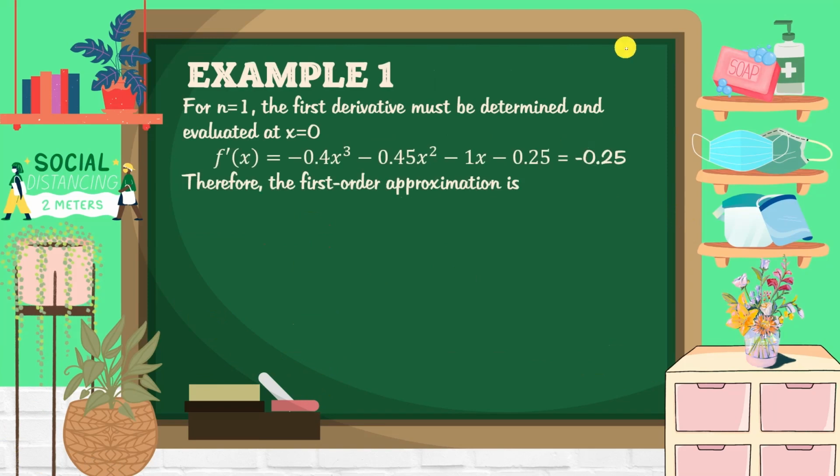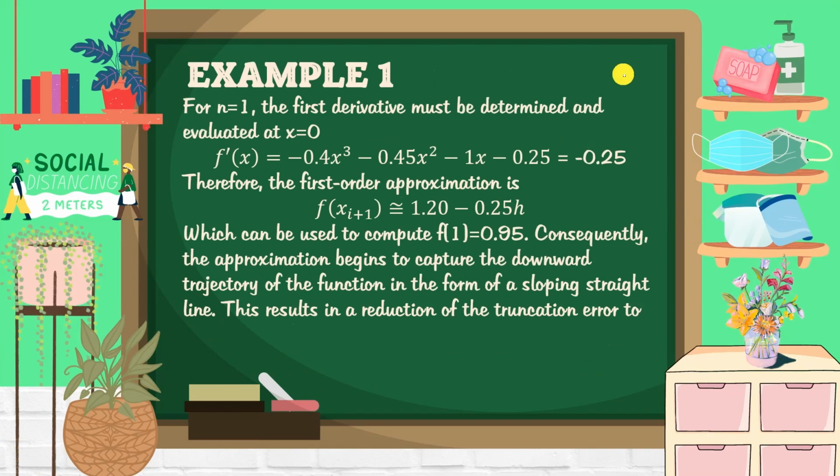Therefore, the first order approximation for the function f of xi plus 1 is approximately 1.2 minus 0.25h. Where is this from? This is from the first derivative of f at xi multiplied by h, which can be used to compute f of 1 equals 0.95.